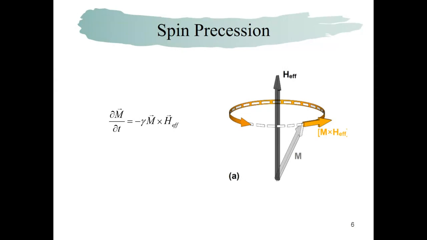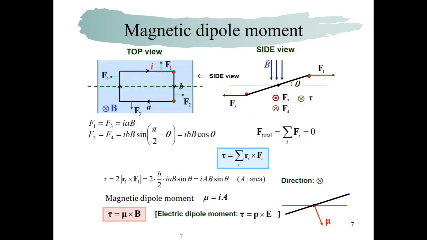So let's go back to the spin precession again. We already learned about the magnetic precession motion. If we have an external magnetic field or effective field, the spin precesses around the effective field direction. Let's recall our previous lecture note again.